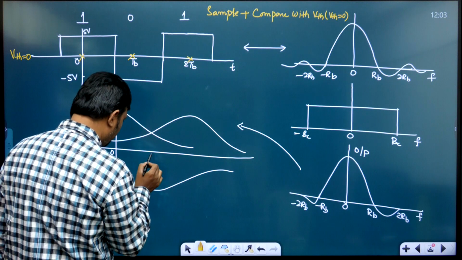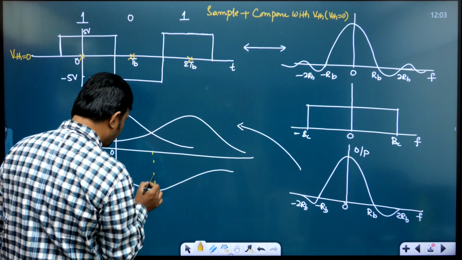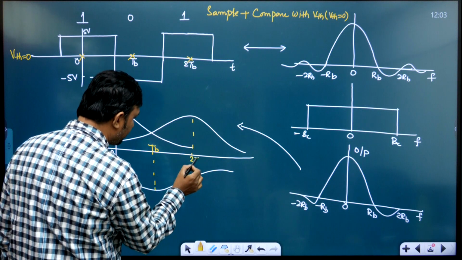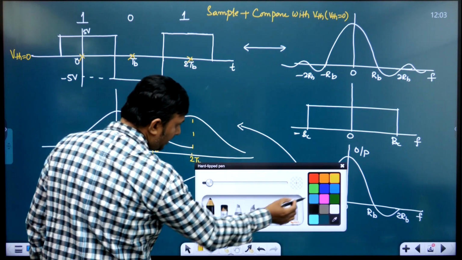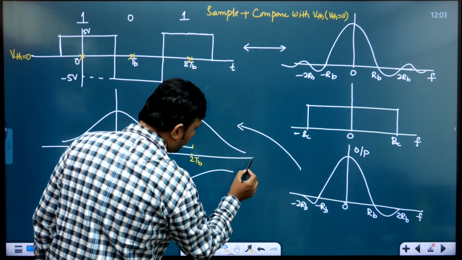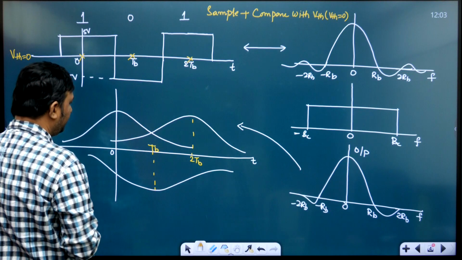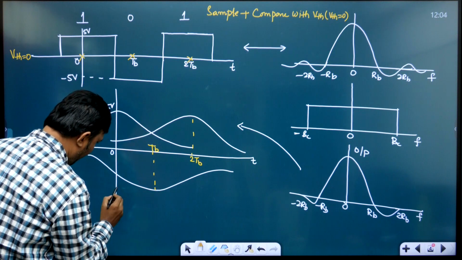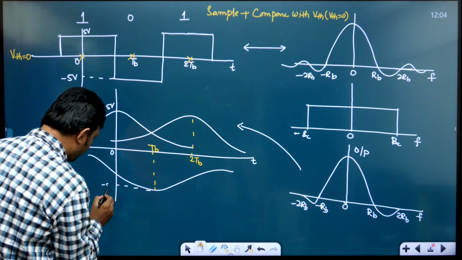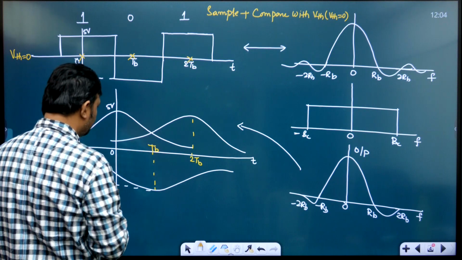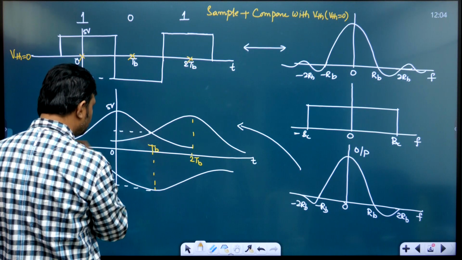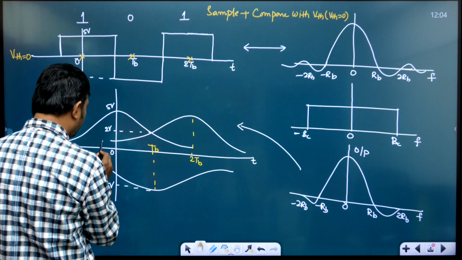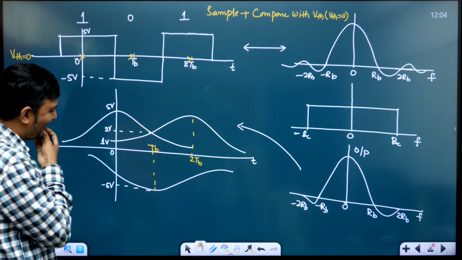This is 0, this is TB, this is 2 TB. Now this is 5 volts, this is minus 5 volts, 2 volts, 1 volt.